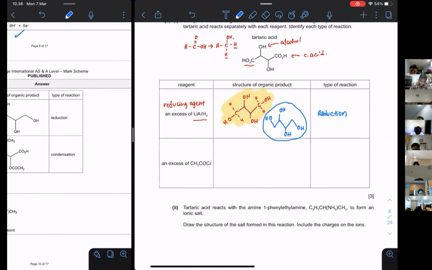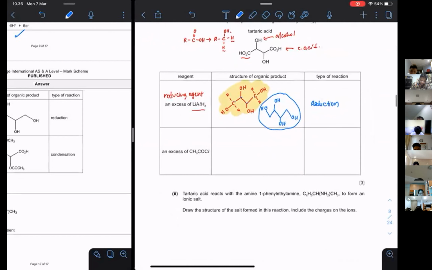Similar way, if I have this excess CH3COCl, this one you have to be very careful, because if you look at this alcohol, alcohol does react with carboxylic acid to give you esterification.